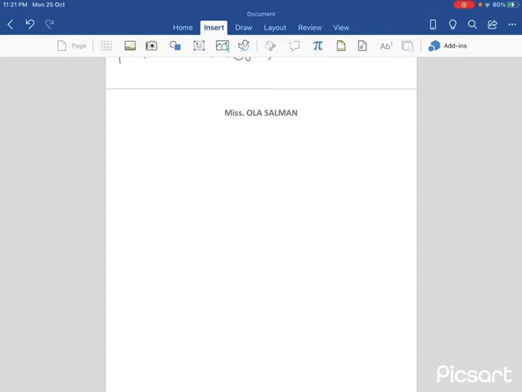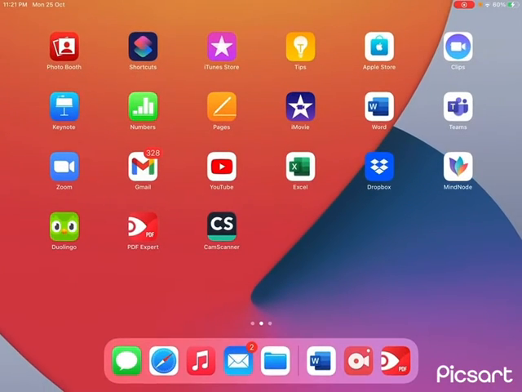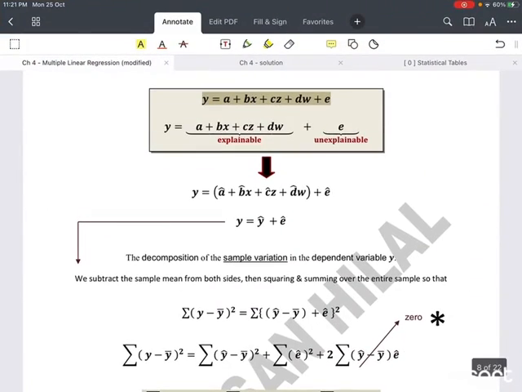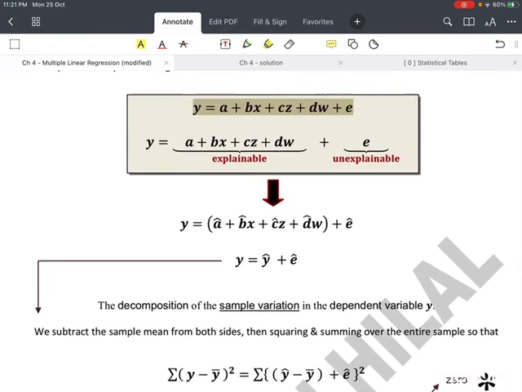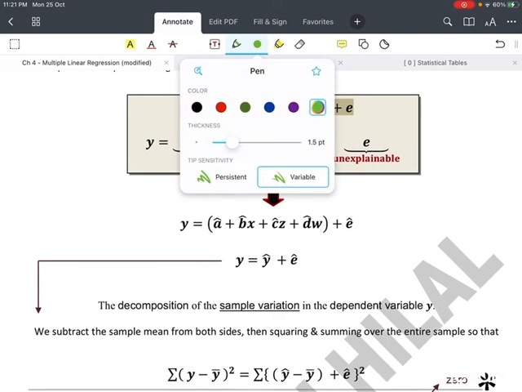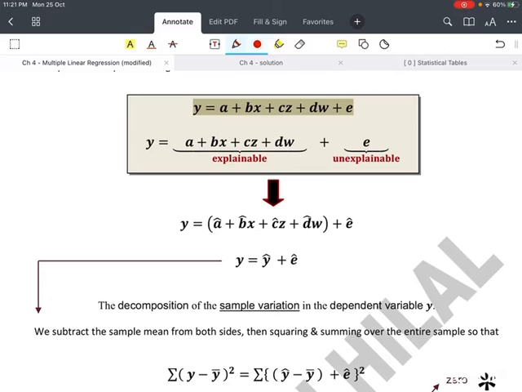Yeah, we will go for the next page. The next page says that, okay, y equal a plus bx plus cz plus dw plus e.